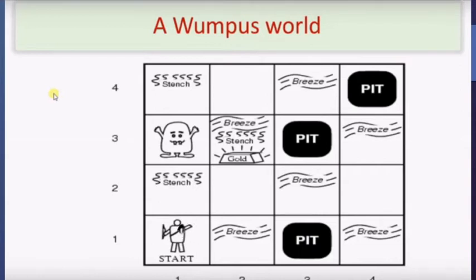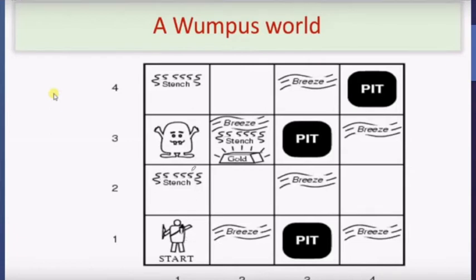Is there any sense of pits? Means is there any sense of breeze? No, breeze is also not there. Because in the adjacent there is no pit, it will not find any breeze. What about the next one? Is there any bump? There is no bump, because the direction is in that way, not in that way. If there is a glitter, there is no glitter at all.